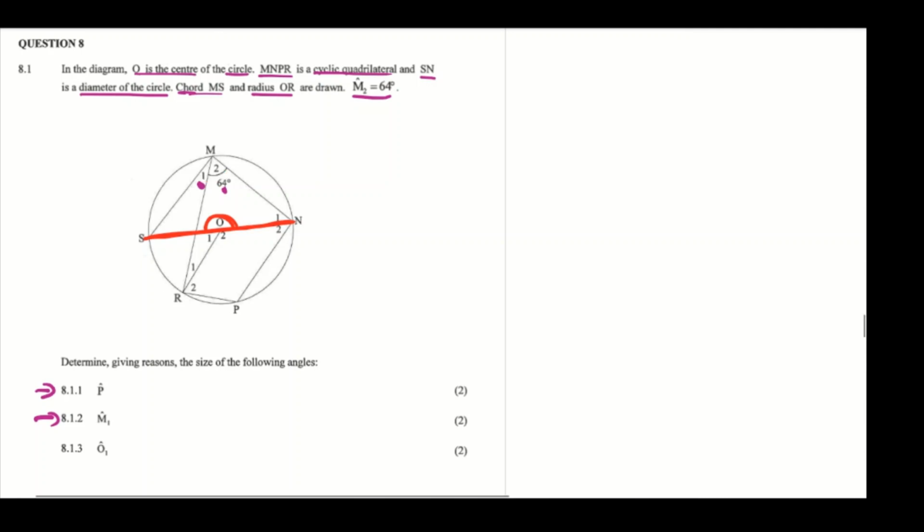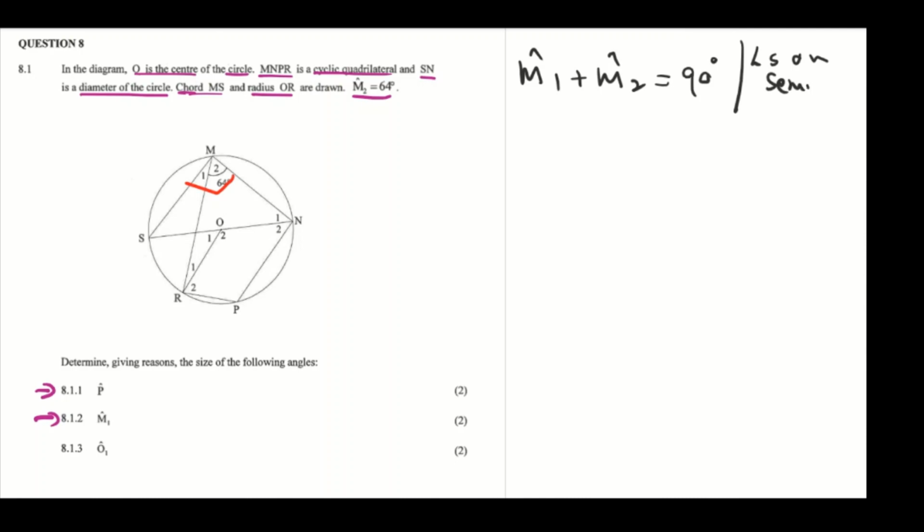So I'm just going to indicate it like this. This is going to be 90 degrees. What's the reason for that? Angles on a semicircle. So angle M1 and M2 will give you 90 degrees: angle M1 plus angle M2 is 90 degrees, because of angles on a semicircle.